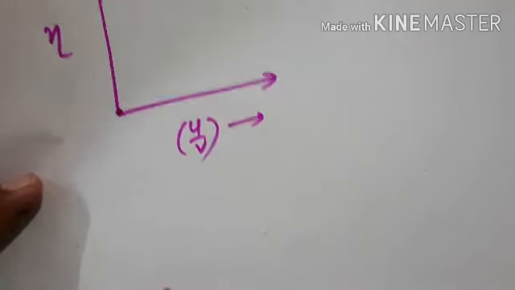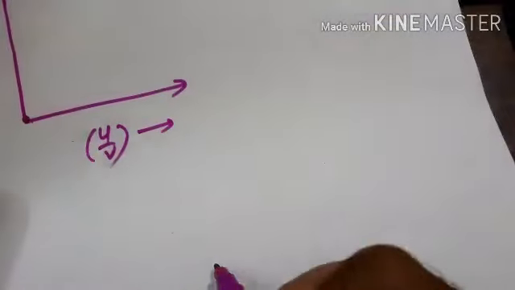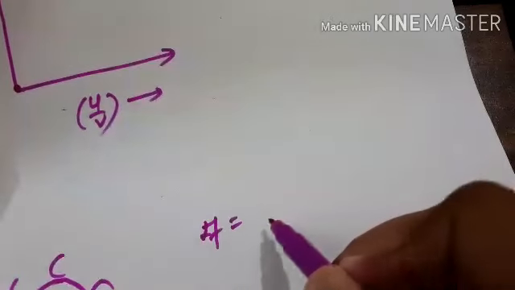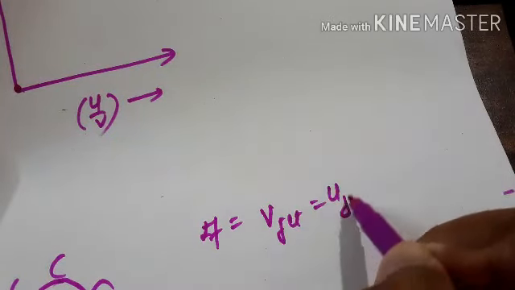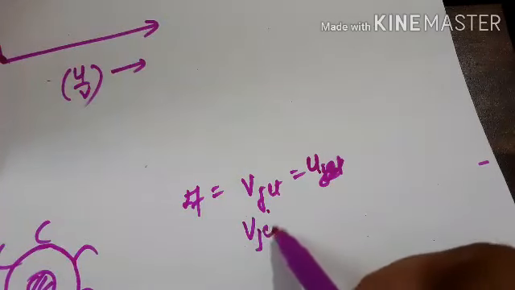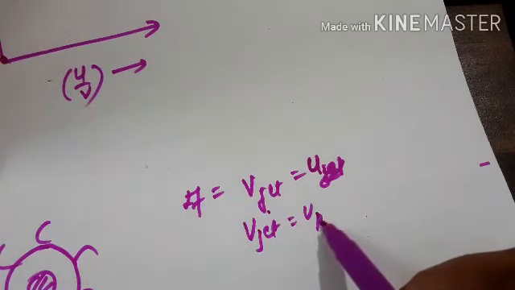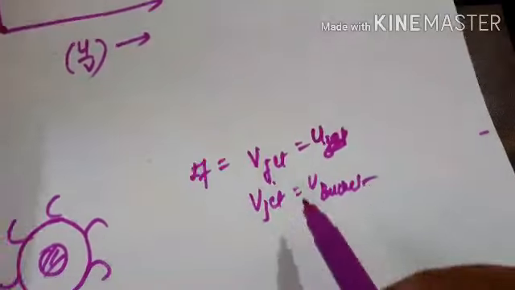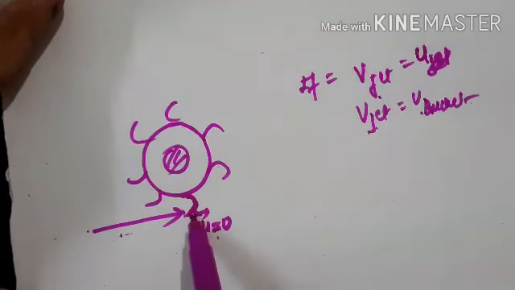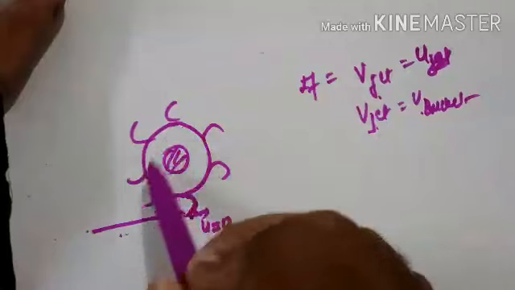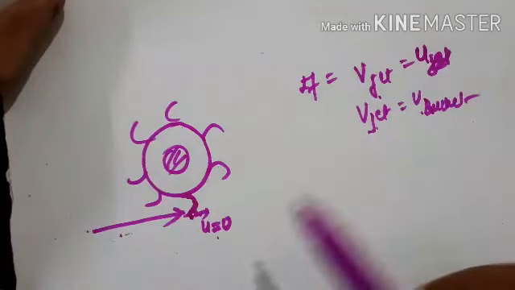Then also, if the velocity of the jet is equal to the velocity of the vane or bucket, if both are the same, this jet may not strike the vane, because both are moving at the same speed. Hence there will not be any rotation, so the efficiency is also 0.